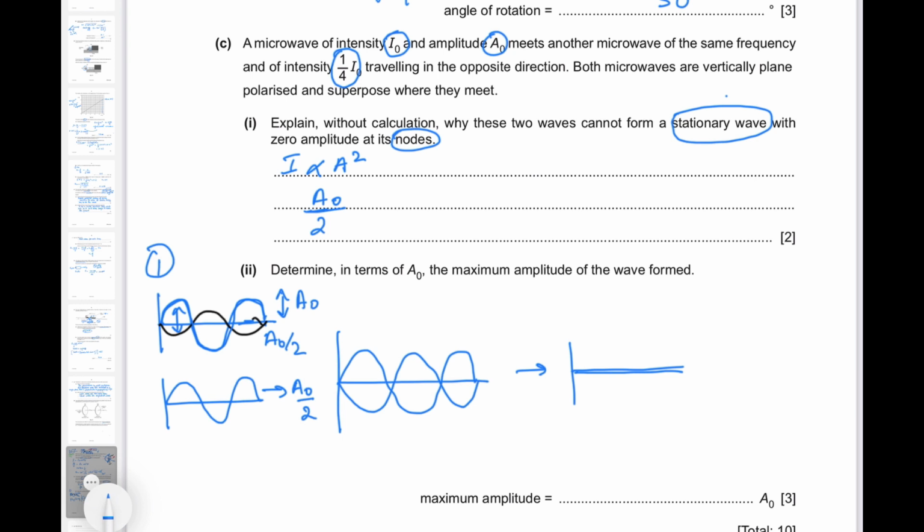However, if you had two waves of the same amplitude, they would cancel out each other completely and this would result in an amplitude of 0. And for a node to have amplitude of 0, you need complete destructive interference, and so you would need two waves of the same amplitude.